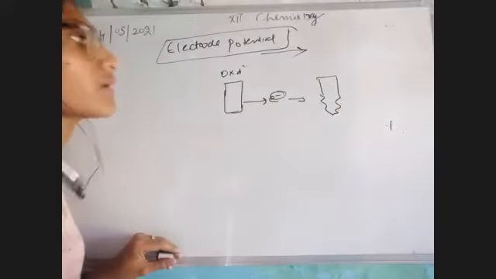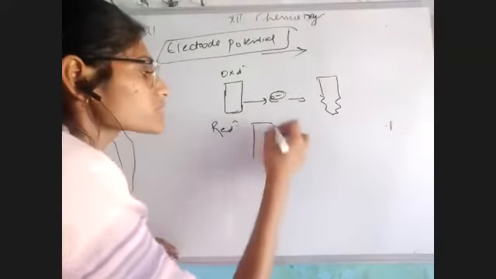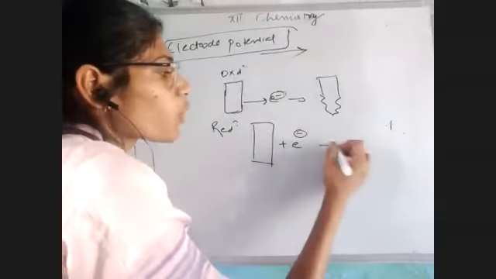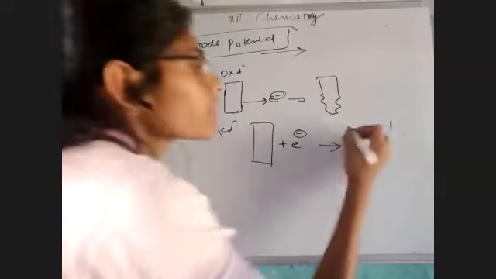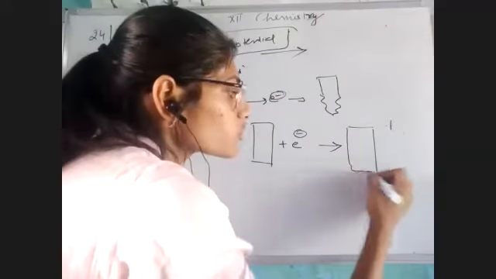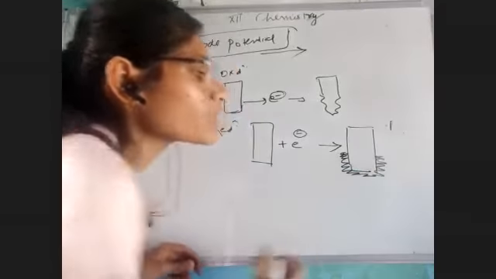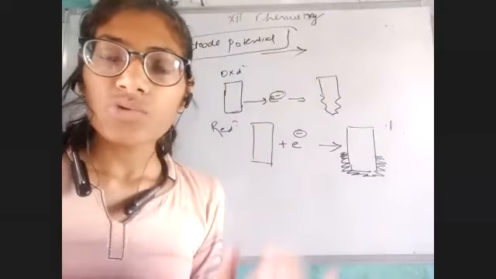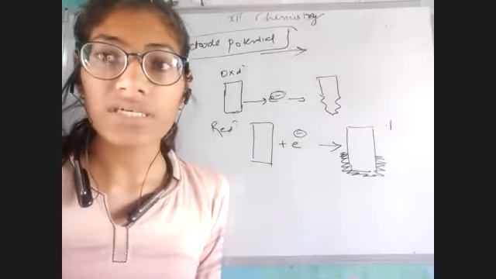And we have seen that there is reduction taking place, that means electrons are getting deposited over it. It was releasing electrons, but now it is gaining electrons. And after gaining the electrons, positive ions start getting accumulated, right? So the mass would be increasing. So these were two basic concepts we have studied in our cell.